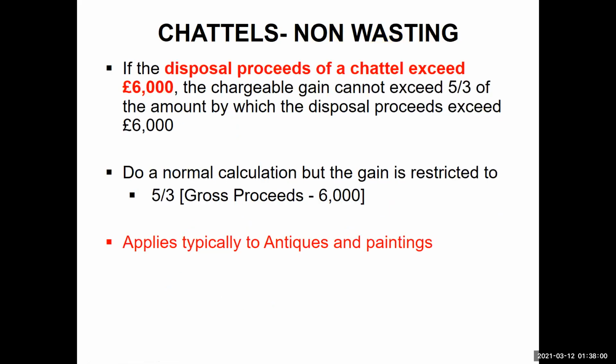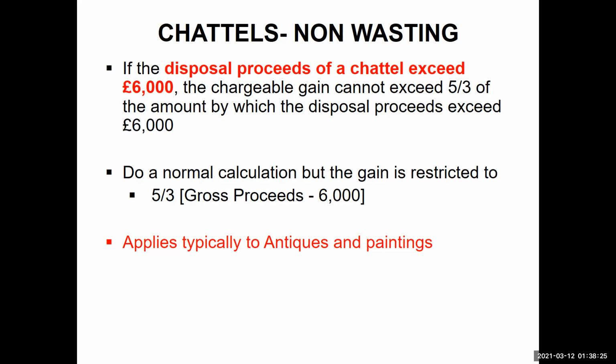Now, for non-wasting chattels, if the disposal proceeds exceed 6,000, then we have to apply the 5/3 restriction rule. The chargeable gain should not exceed 5/3 of the amount by which the disposal proceeds exceed 6,000.